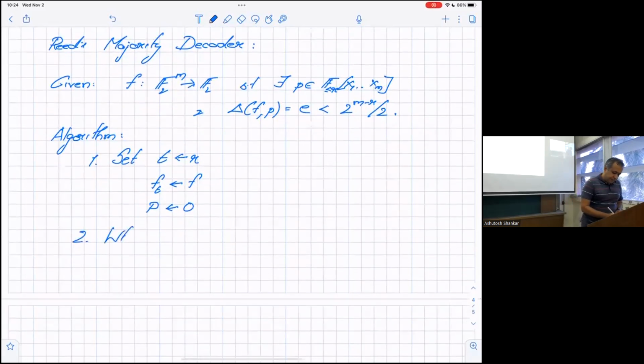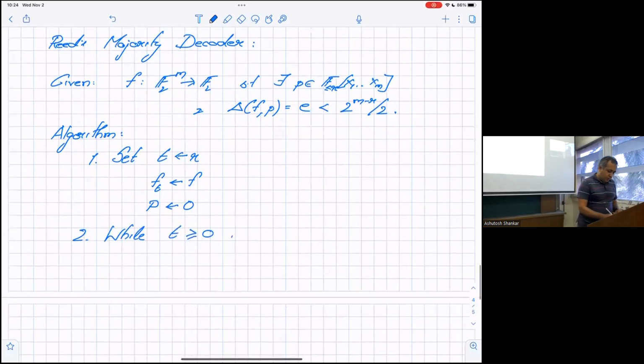So while T is greater than or equal to 0, do the following.